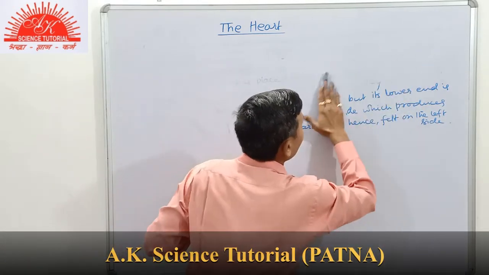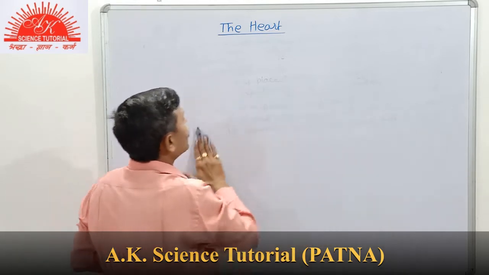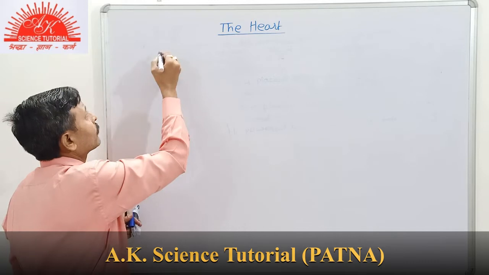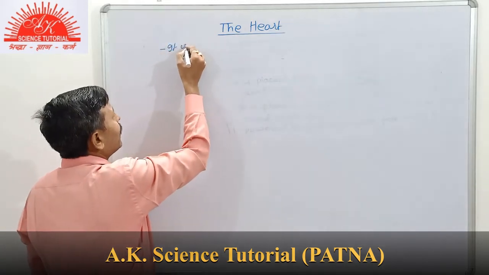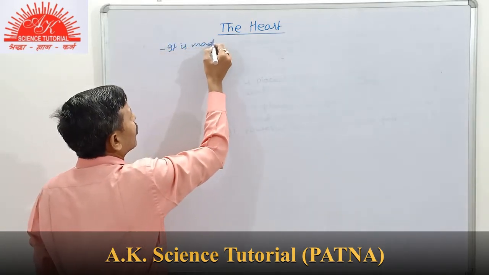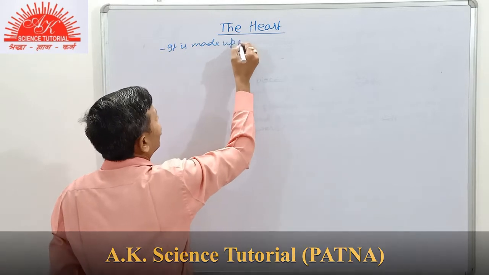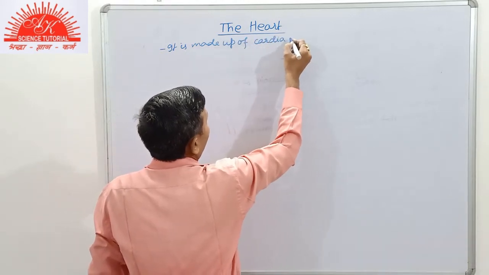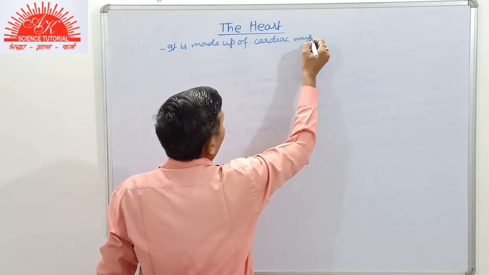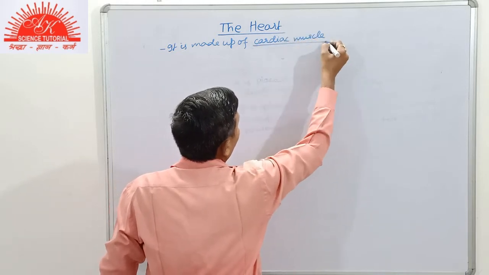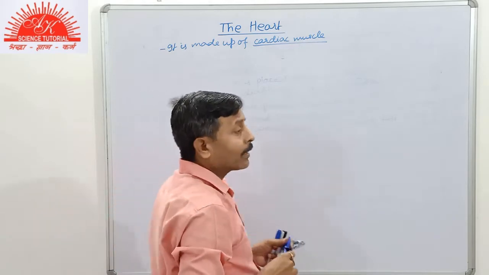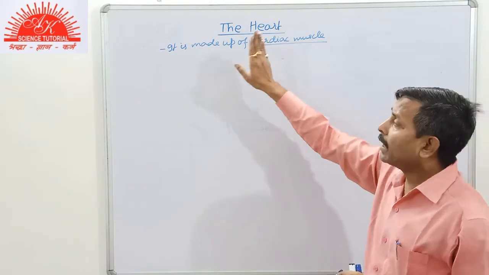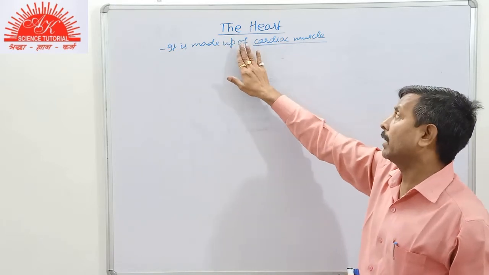Now, students, if we study its structure, it is made up of cardiac muscles. In the topic of tissues in class 9th, we have studied the types of muscles. Cardiac muscle is present in the wall of the heart.